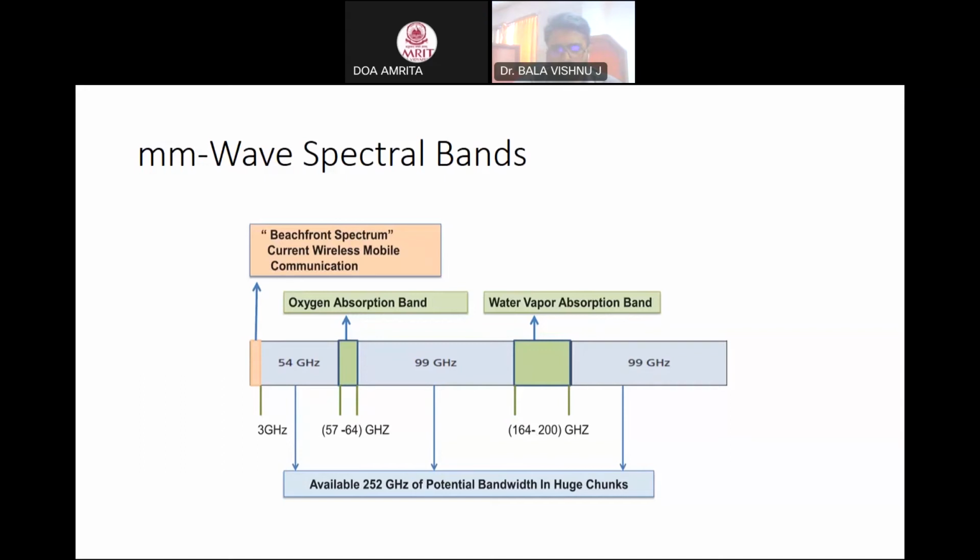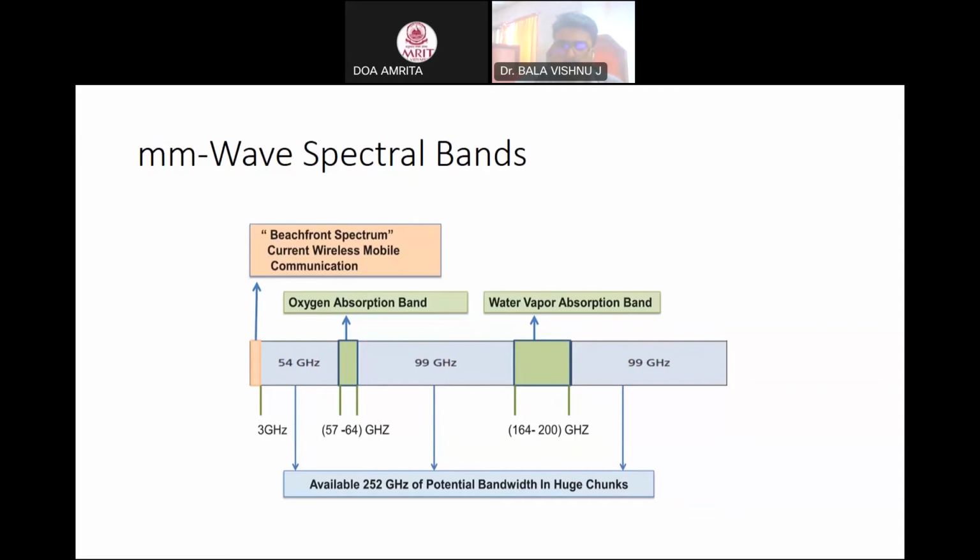By eliminating those, from 3 gigahertz to 57 gigahertz we have a band of 54 gigahertz, and from 64 to 164 we have a bandwidth of 99 gigahertz, and we can use these bands up to terahertz. So with this, we can have about 252 gigahertz of potential bandwidth for 5G communications.